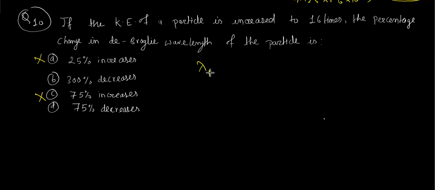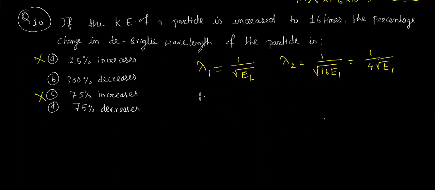I'm going to write lambda 1 as the wavelength for the first case, with the first kinetic energy E1. Lambda 2 is for the second case, with 16 E1, which gives 1 by 4 root under E1. If we take the ratio lambda 2 by lambda 1, we get 1 by 4 as the answer.